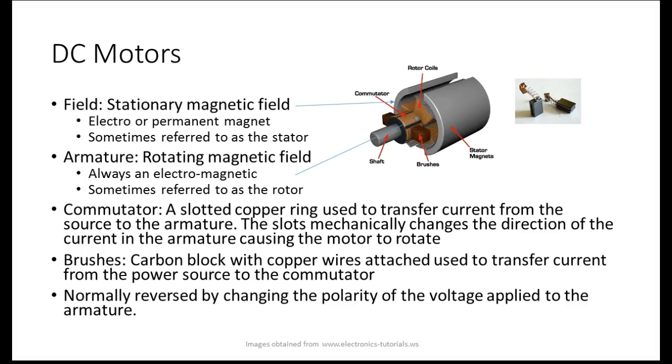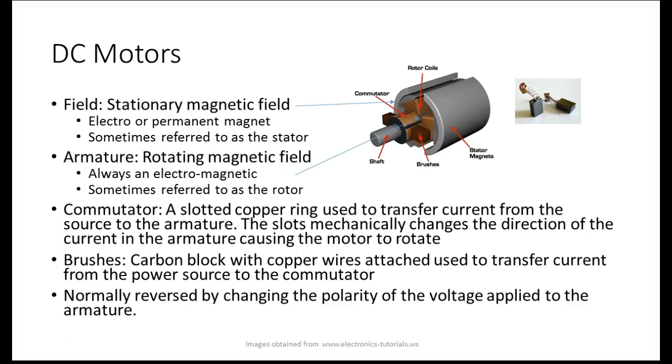Now, a lot of people call them the rotor and the stator. Most people understand what you're talking about, but technically those are not correct. I've heard people all over the place call the rotating part the rotor and the stationary part the stator. Those are the terms we use for AC motors.